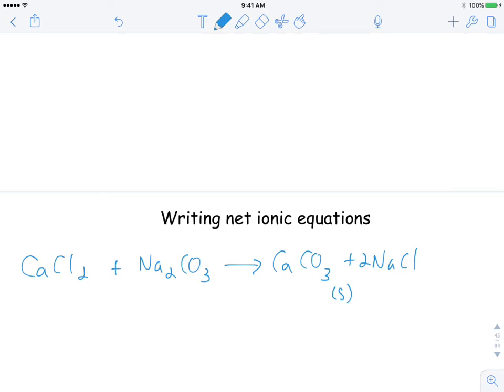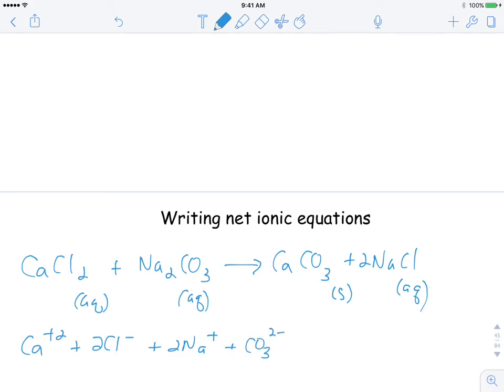So when I do my net ionic equation, I break everything that's soluble, that's aqueous, and that forms ions up into the ions that they form. So I would break the calcium into its +2, and the chlorides into their -1s, and the sodiums into their +1s, and the carbonate into its -2. On the product side, things that are not aqueous, like the calcium carbonate solid, would stay as a solid.